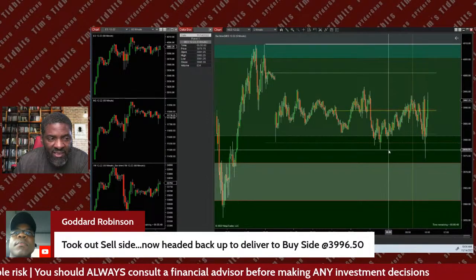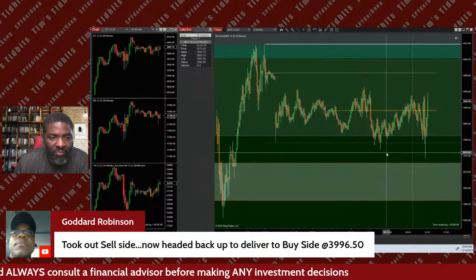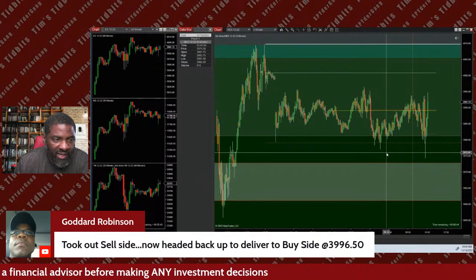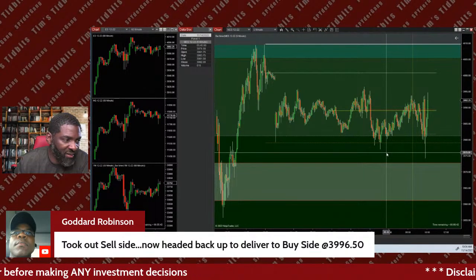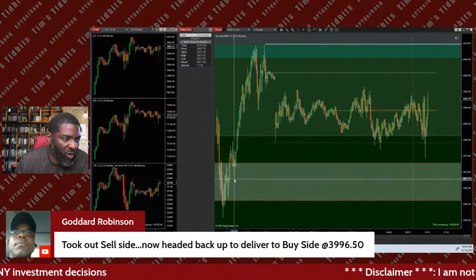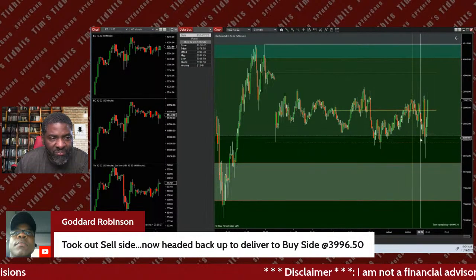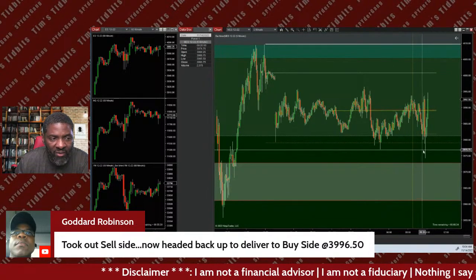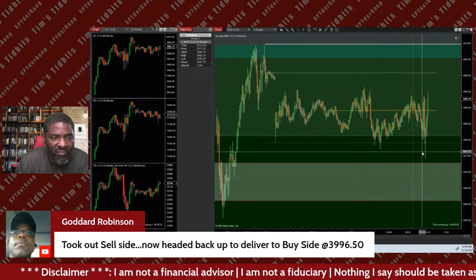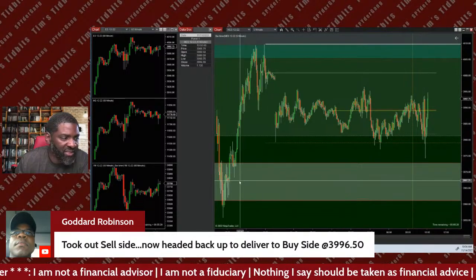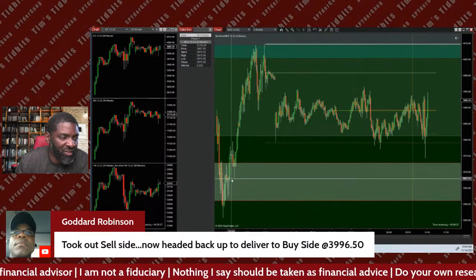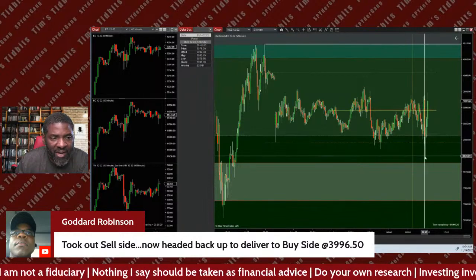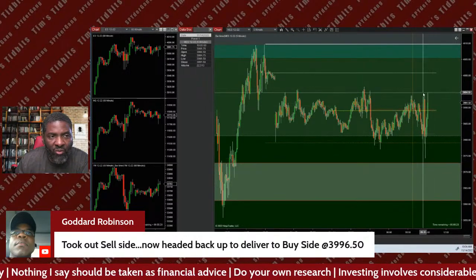I'm gonna buy 1 point under the lows, and then I'm gonna set my stop loss below this low over here. I'm anticipating a turtle soup, so I'm buying 1 point below this swing low, and I'm gonna set my stop loss below this low here. Pop down there, it hit it, took off. You see what I'm saying?